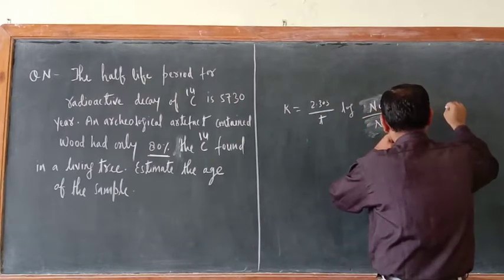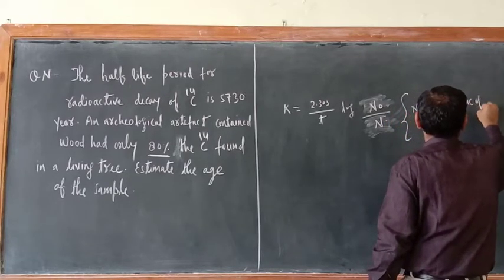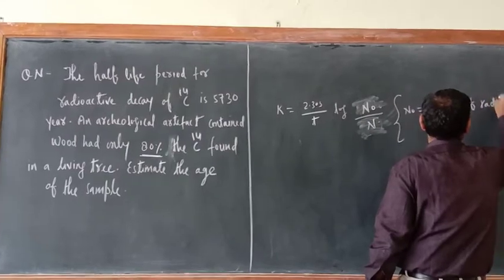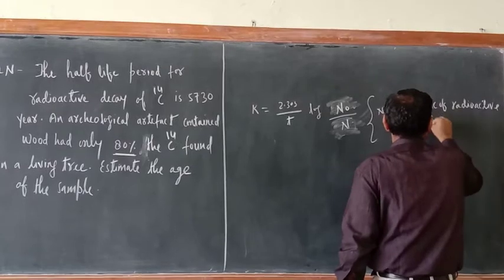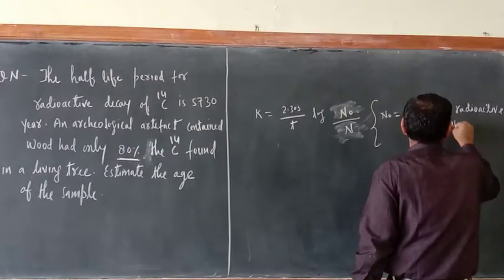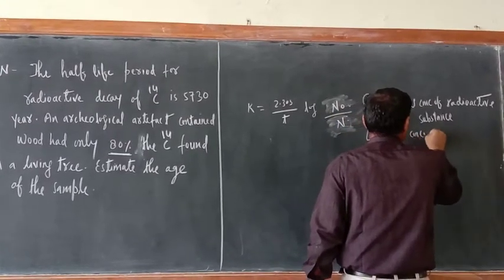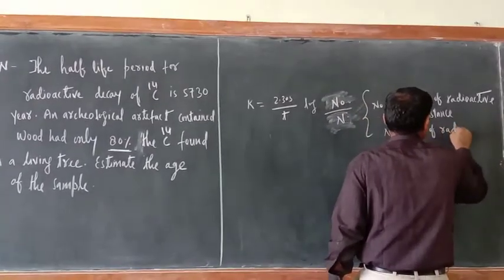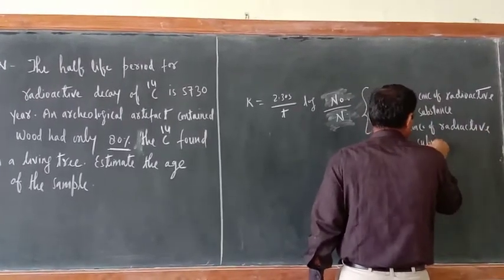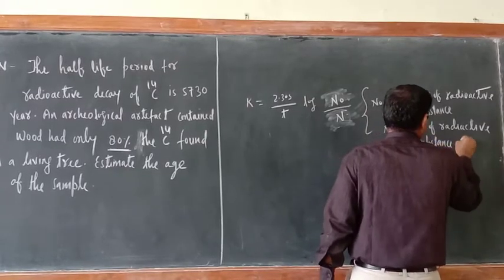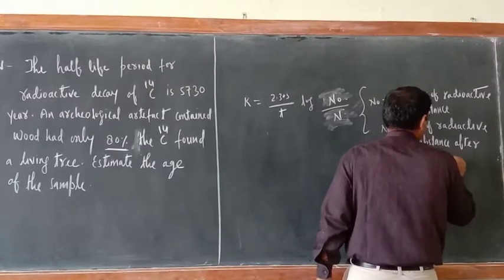N0 equal to initial concentration of radioactive substance, and N is the concentration of radioactive substance after time t.